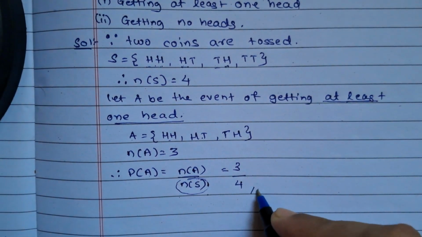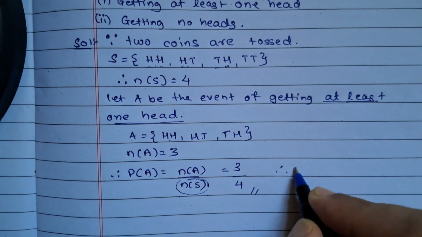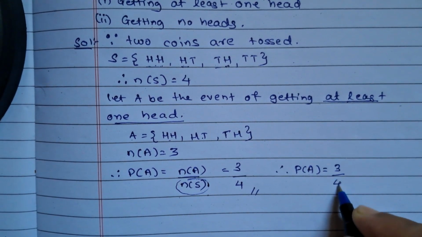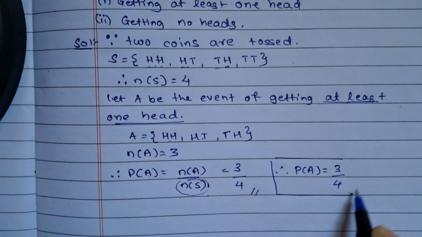So I will just conclude the answer saying, therefore probability of A is 3 upon 4, and I will put it in the box.